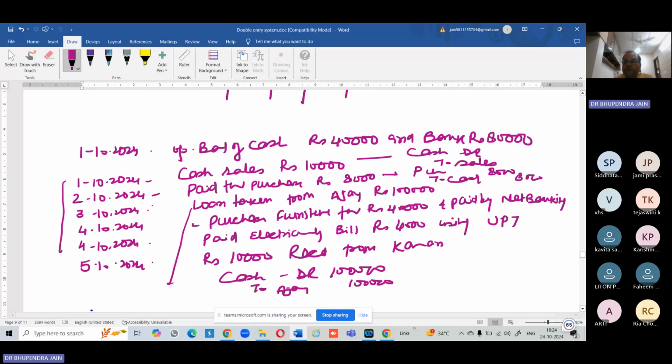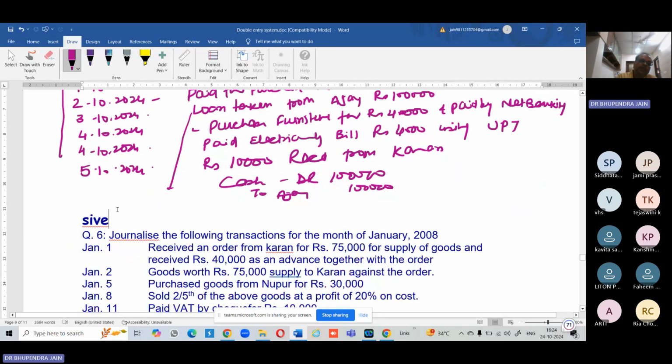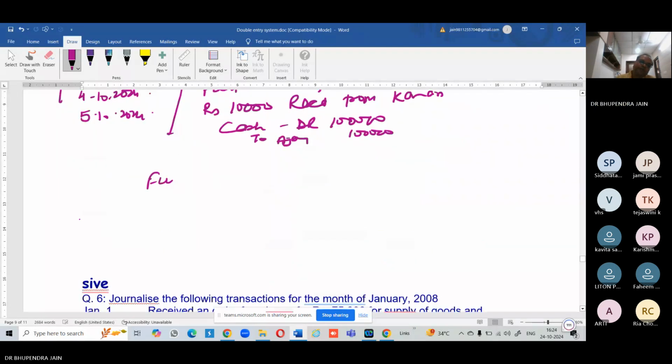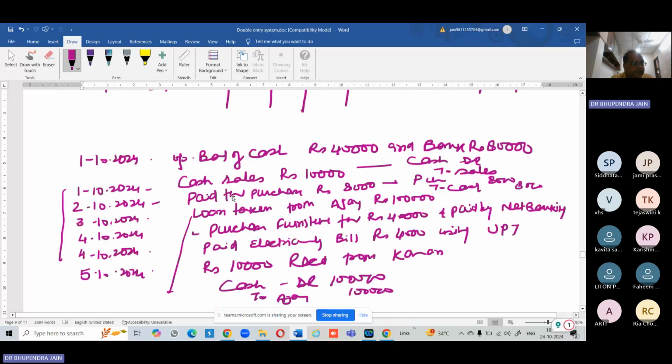Purchase furniture for rupees 40,000 and paid by net banking. What will be the entry? The entry will be, beta, furniture account debit to bank.